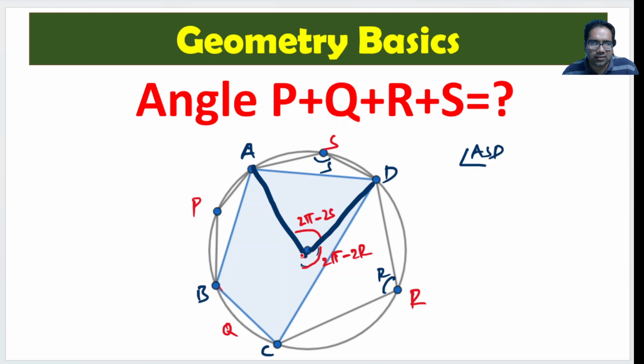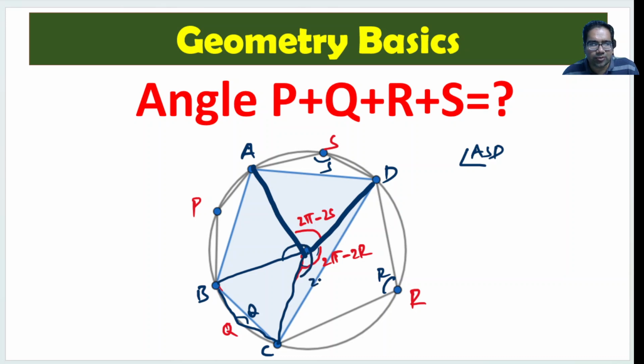Similarly, let's connect this one. There is an angle like this, this is Q, let's say. Now this entire arc, B, P, A, S, D, R, C, is making this angle Q here.